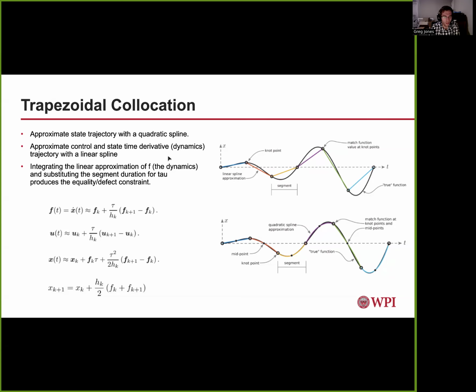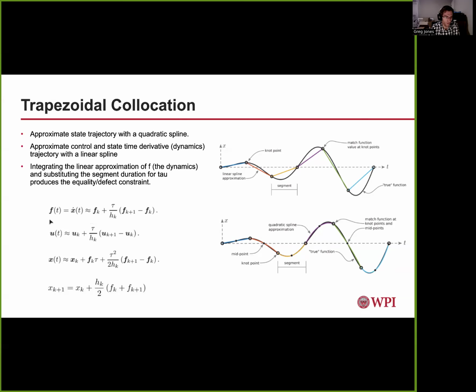And then the control and state dynamics functions are approximated using a linear polynomial spline, which you can see on the top right here. And if you integrate the dynamics function, you end up getting the state function. And these equations here basically represent what I just said.